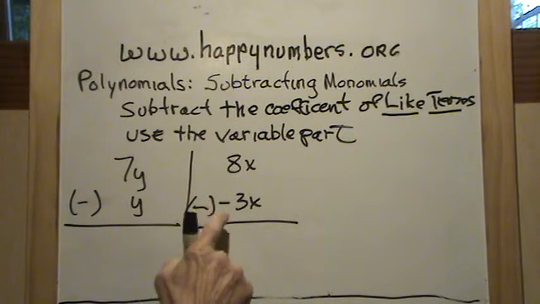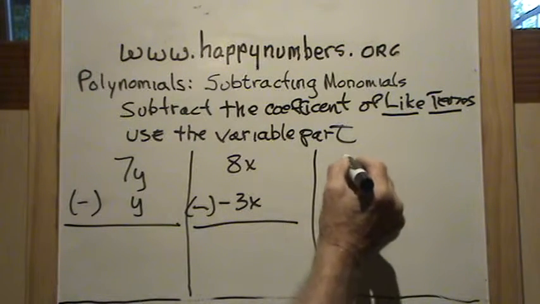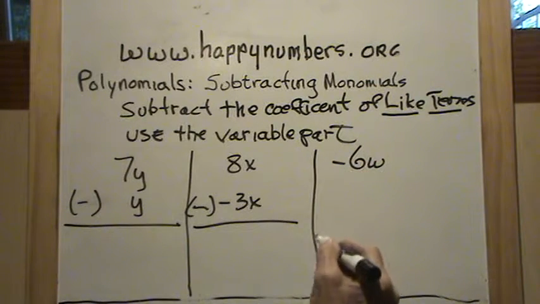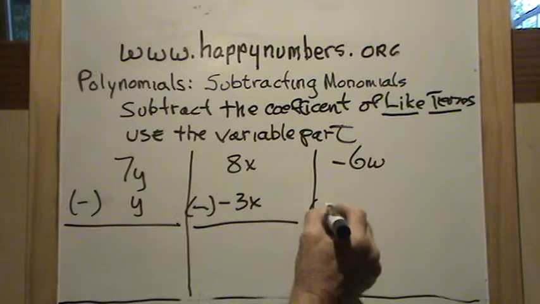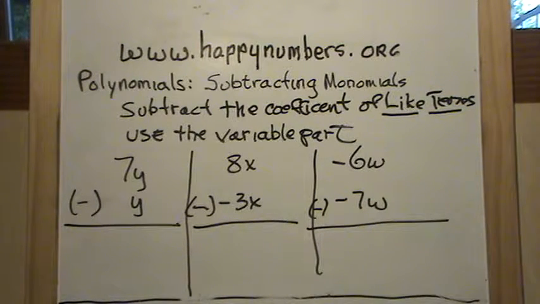This is 8x minus a negative 3x, and let's try this one. This will be your third one. Negative 6w minus negative 7w. Okay, there are your three problems. So go ahead and put your video or DVD on pause, work those, and then turn it back on again and we'll take a look.